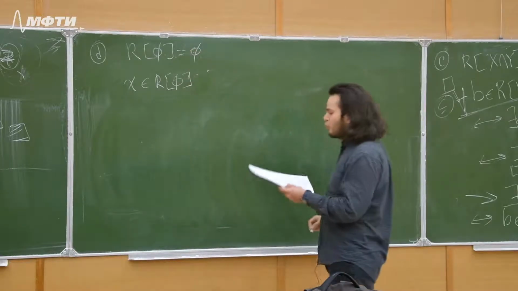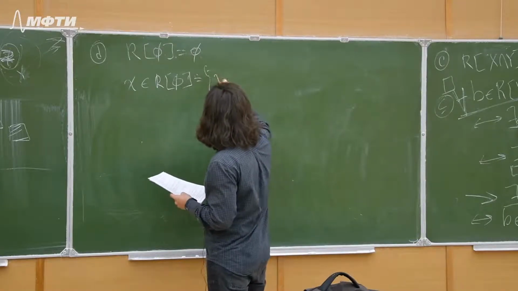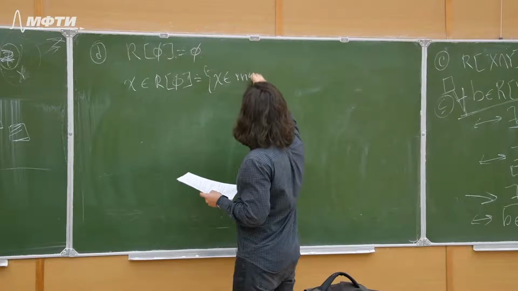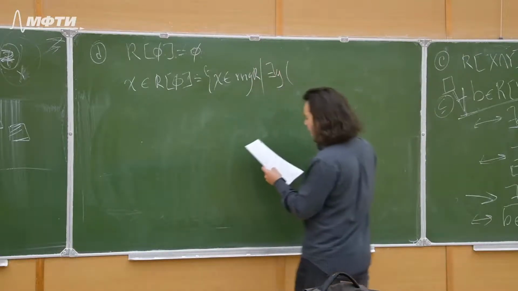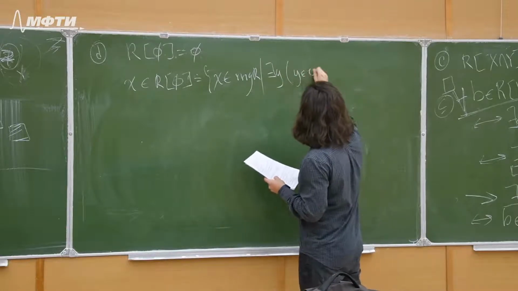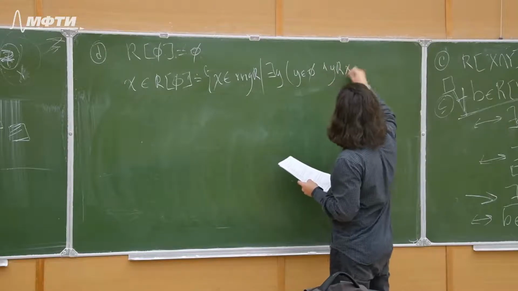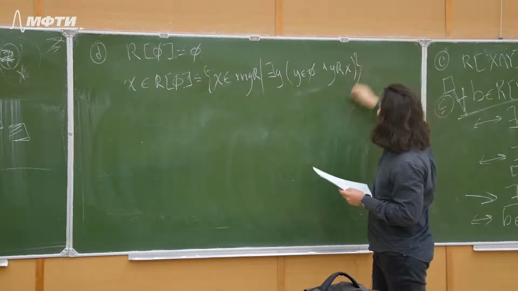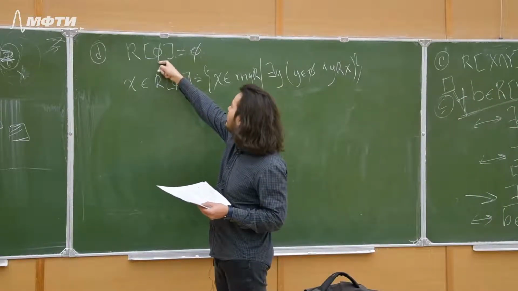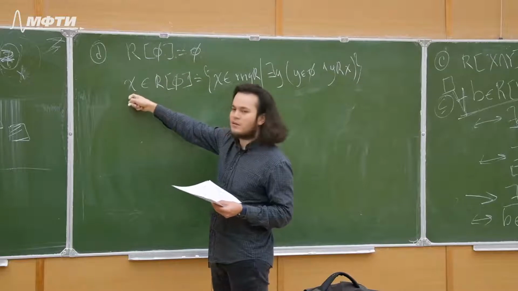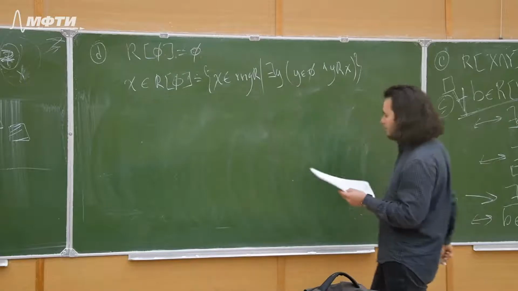By definition, this is X that belongs to the range of R such that there exists Y, and Y belongs to the empty set and Y R X. So if this set is not empty, then there exists at least some X, and it means that we have this condition here.